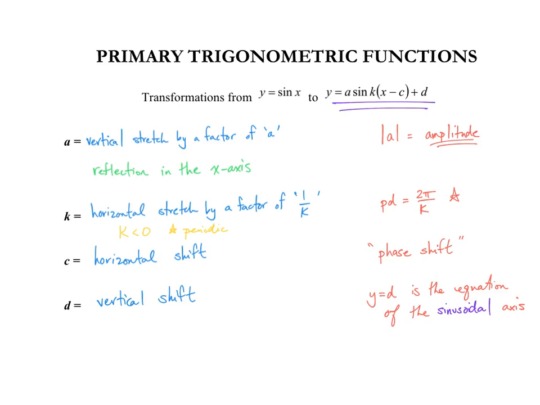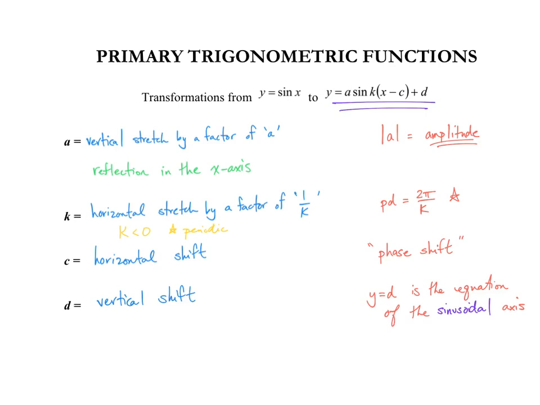And so y equals whatever that d value is, the equation of the horizontal line that runs down the middle of your graph. That's referred to officially as the equation of the sinusoidal axis, but we often just refer to it as the equation of the axis. So there is a review of everything you had coming out of grade 11. What I want to do is jump into the process of sketching today.